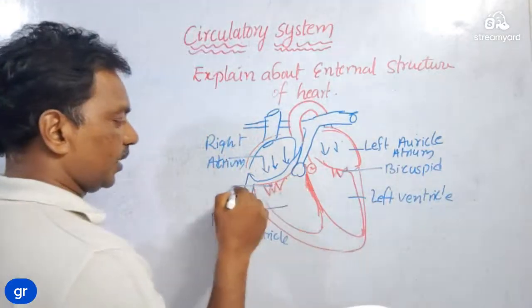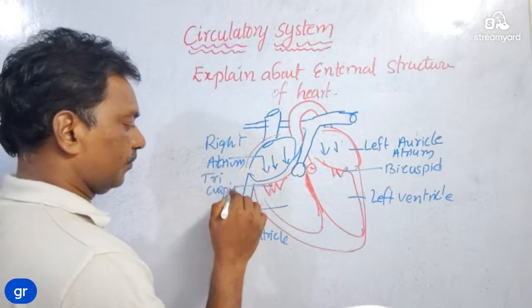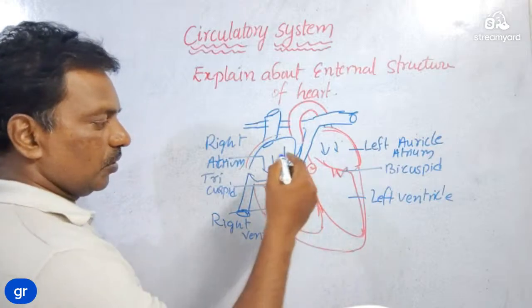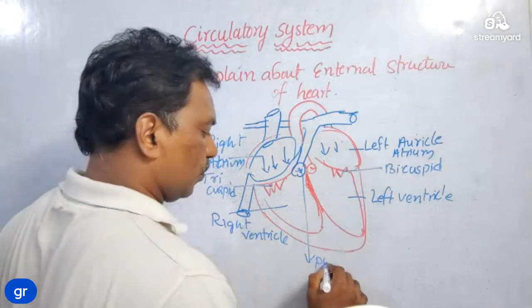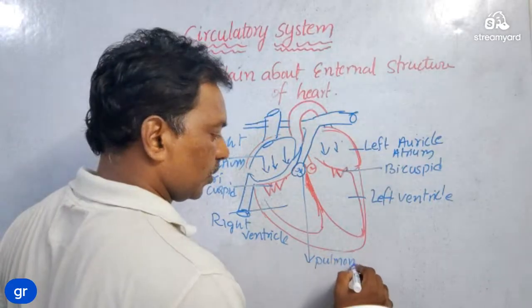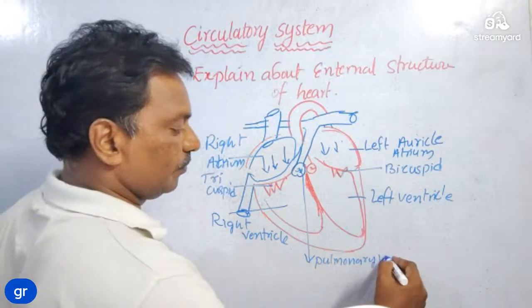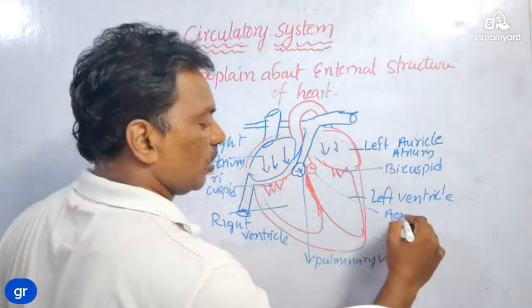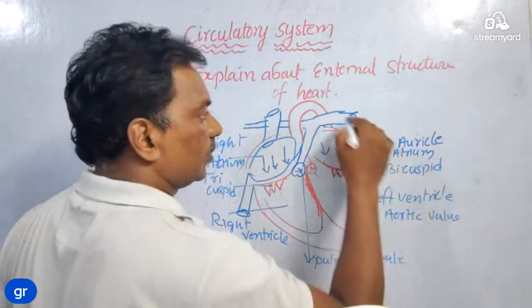This is the tricuspid. This is the pulmonary valve. This is the aortic valve.